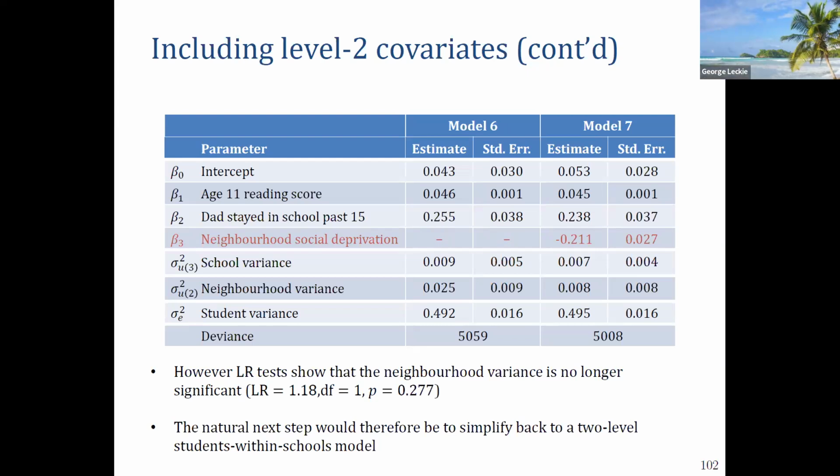It would fit the data worse, but not significantly worse. We should go at that point to a 2-level model, students within schools. So sometimes when you put in an explanatory variable, it explains away the initial variance for one of these levels, and you can simplify the model at that point. But again, these results are not trustworthy, because they're very small scale.